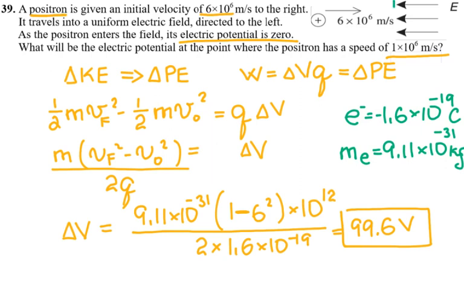It starts from 0 volts as it enters, then as it goes closer to the positive charge, because the electric field lines go from positive to negative, it gets to a higher potential, and higher potential cannot be negative. So it's 99.6 volts positive. The negative appears only because you find how much kinetic energy is lost, but that's the potential energy gained.